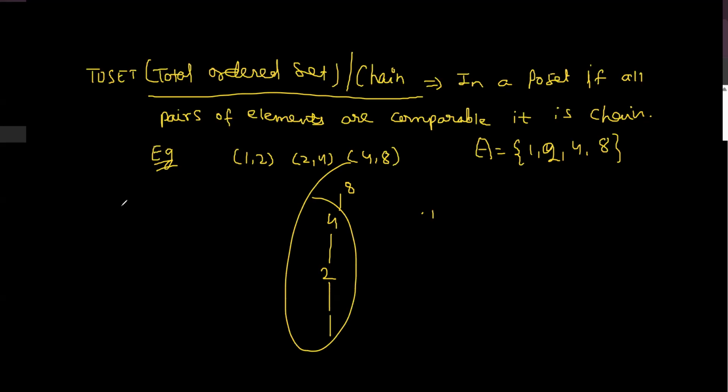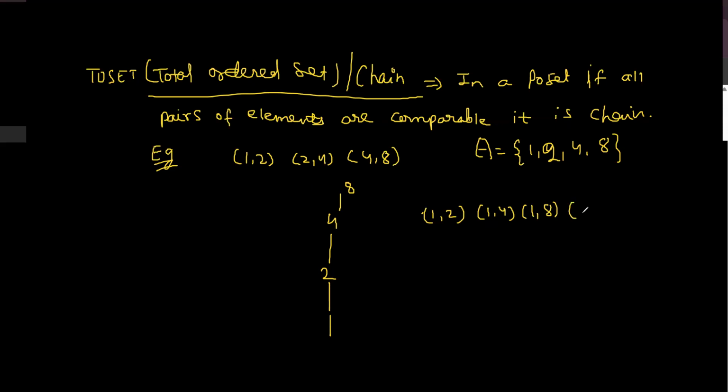How many pairs can you find from this diagram? 1 is related with 2, 1 is related with 4, 1 is related with 8. Understood? Similarly, itself pairs are also there: 2 related with 2, 2 related with 4, 2 related with 8. You cannot go downside. And then last, 8.